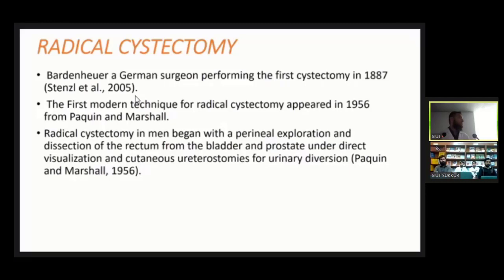So it's not always that you get a positive response to neoadjuvant chemotherapy. This is one of the points where you should not use neoadjuvant chemo. It does not always downstage the disease.